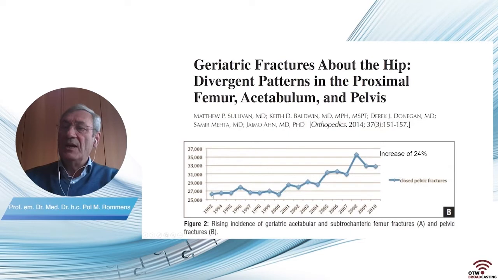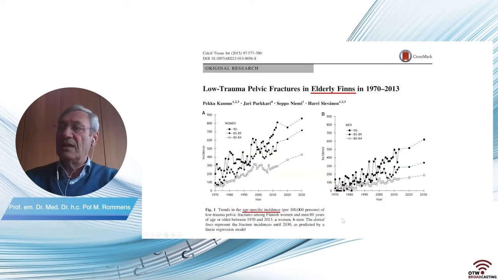You see a steady increase over time and also about 25% in these 18 years. Certainly, the absolute numbers are still very different. We are talking about 500,000 classical geriatric fractures on the hip and only 100,000 pelvic fractures in this period of time. But the increase of incidence of the pelvic fractures is very clear.